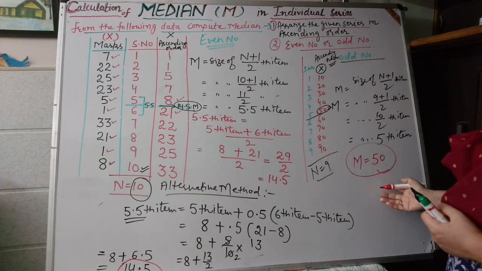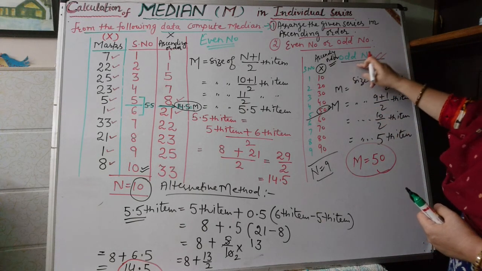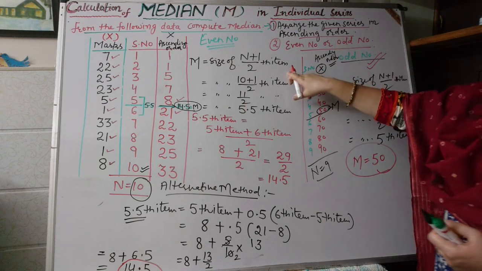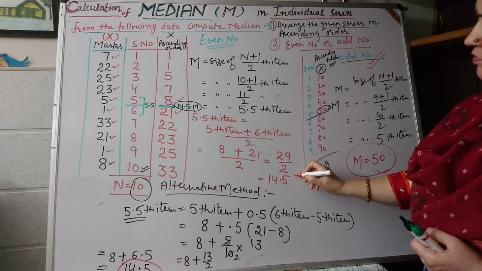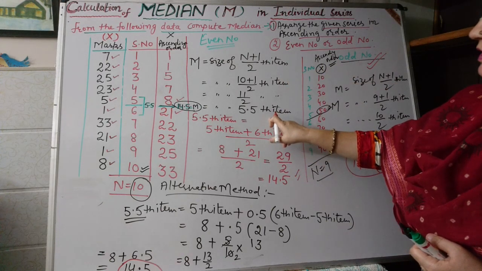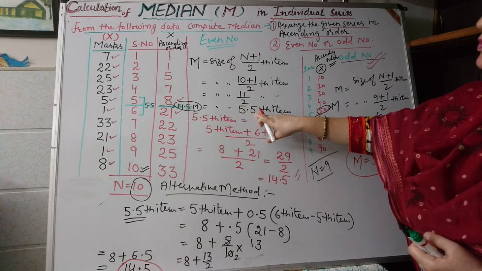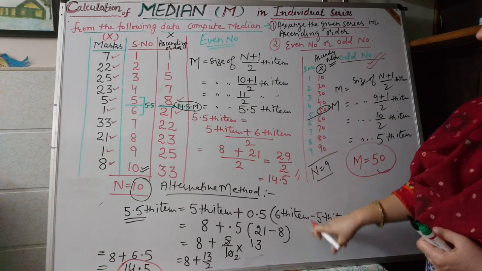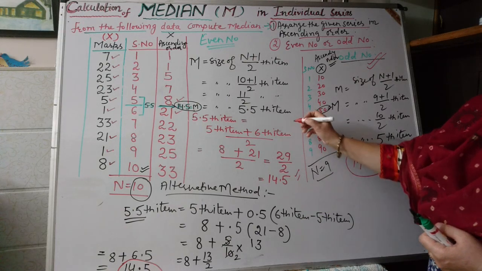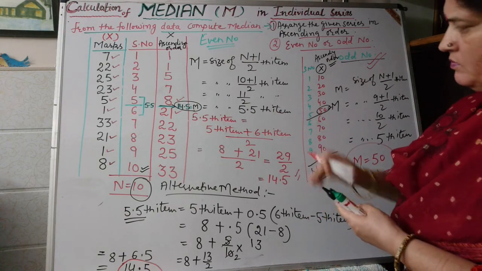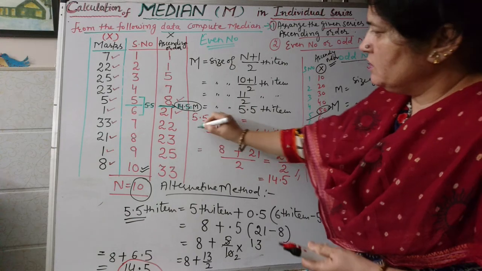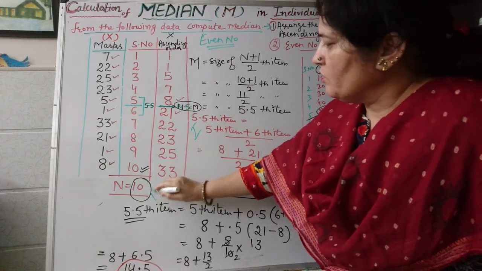So this is very easy if values are given in odd number. But if values are given in even number, then we have to calculate the values in decimals, and then we can operate these two formulae, either formula number 1, which is the first formula, or the second formula.